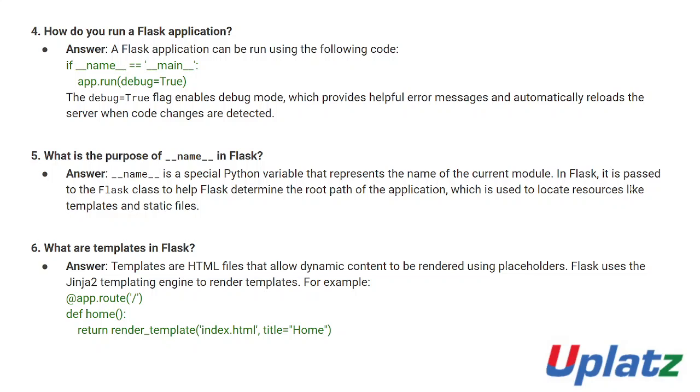In Flask, it is passed to the Flask class to help Flask determine the root path of the application, which is used to locate resources like templates and static files. And one thing more, when you run an app directly from that py file, then __name__ will return __main__. So that is here.